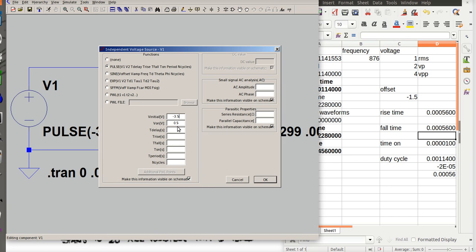Okay, so this is going to give me my peak. Consider your V initial your bottommost part, or your negative peak, and your V on your positive peak, and then you adjust it by your offset.